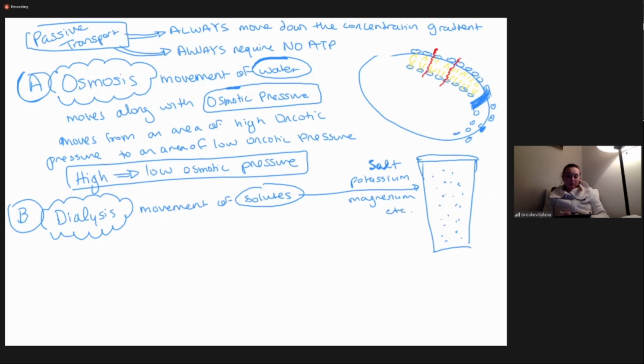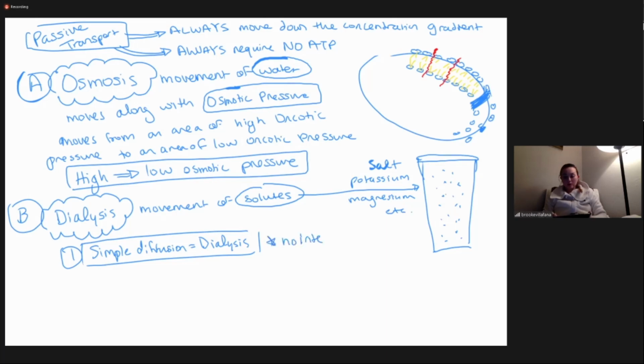So simple diffusion or simple dialysis, this one is also called dialysis, right? Simple diffusion, simple dialysis. This is the first example. In simple diffusion, no integral protein is required for the transport of these solutes across the plasma membrane.